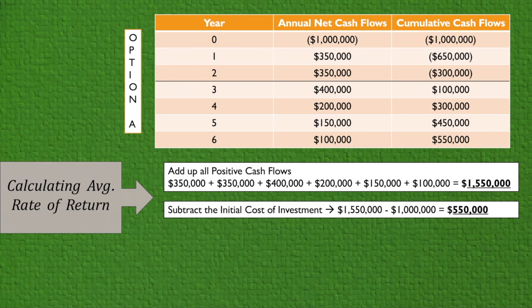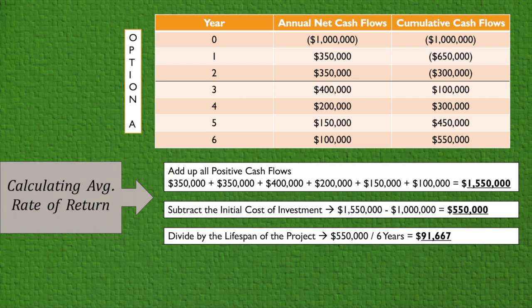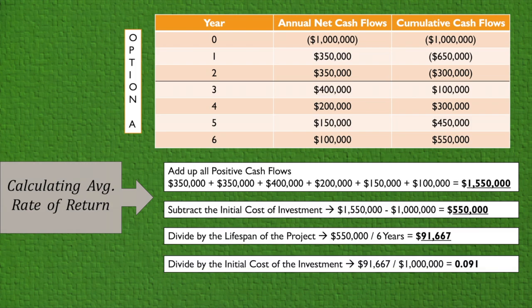We divide it by the lifespan of the project. So we need to figure out how this $550,000 is spread out over the 6-year period. And so we're going to get an average annual return of $91,667 because we take the number and put it over 6 years. The last thing we're going to do is take that number, our annual returns, and put it over the initial cost of the investment.